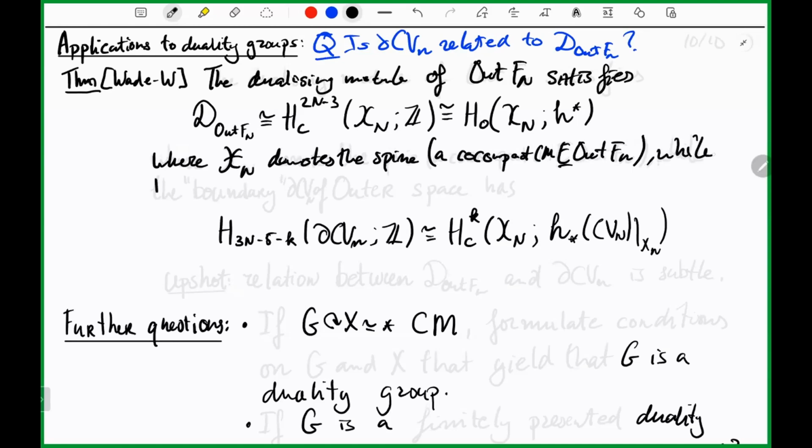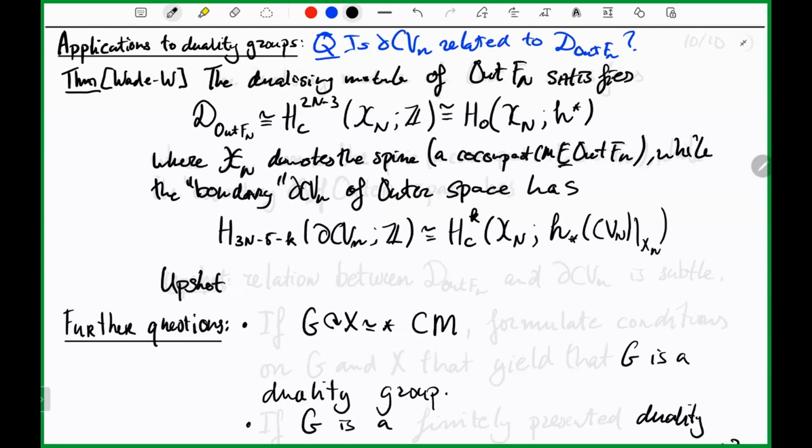While on the other hand, the boundary, so this is a bit of a lie that I'm happy to talk about after the talk. The boundary of outer space has the following property. So its homology is related to the dualizing module in this way. So there's kind of a mismatch between what you would want for the cohomology of the boundary and the dualizing module for them to agree.